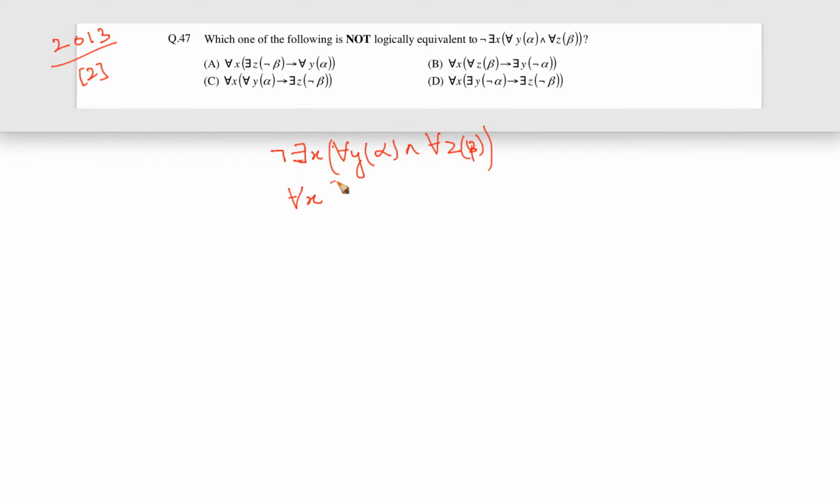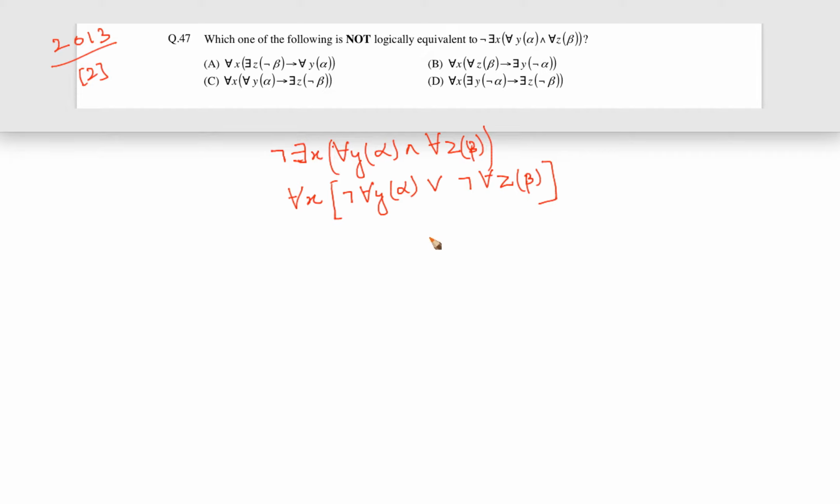So this will be not of for all y alpha, and the not will be applied, so it will be or, and then not of for all z beta, right? So we have reached till this point.